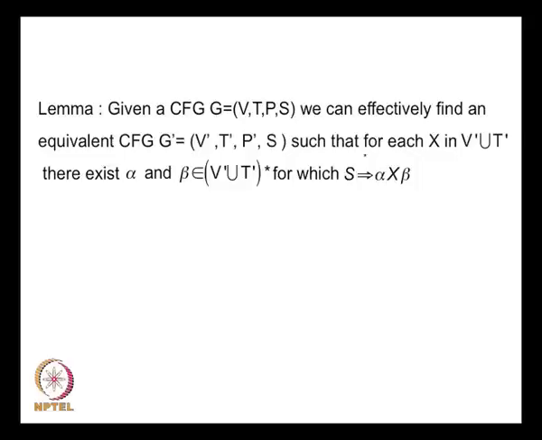So, we are looking into the second condition now. Given a context free grammar (V, T, P, S), we are trying to find a grammar where from S it is possible to derive every symbol.